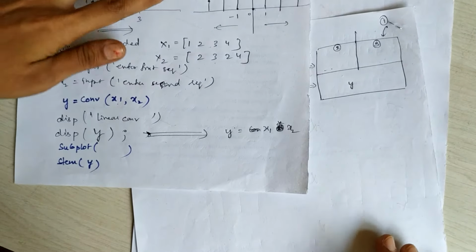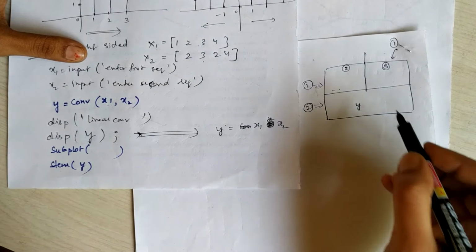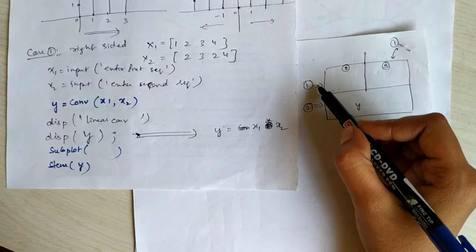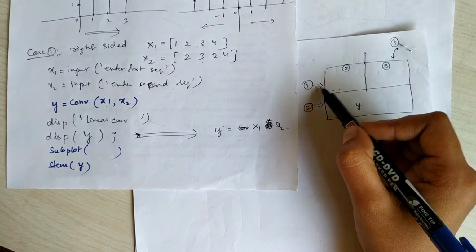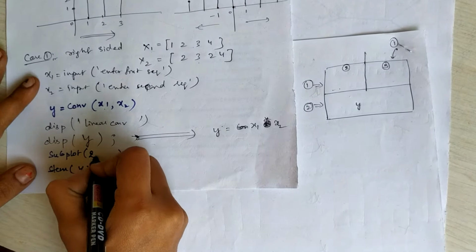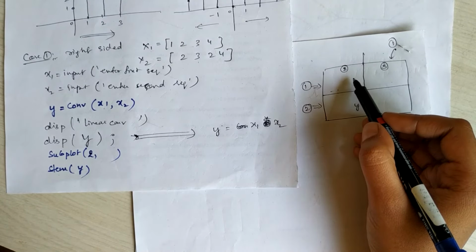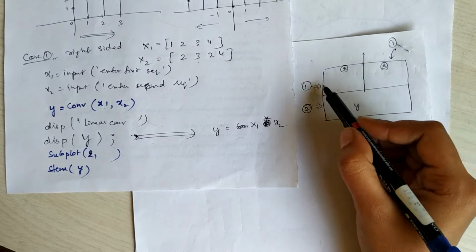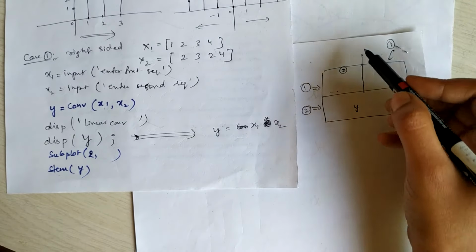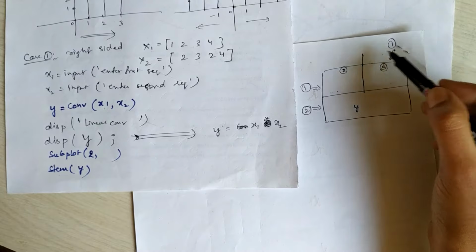Subplot of the first, the 2 rows. These 2 rows we have taken, so 2 comma, the first plot as usual, this will be taken as first.